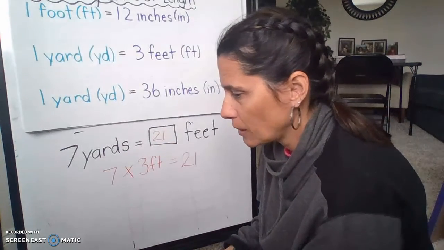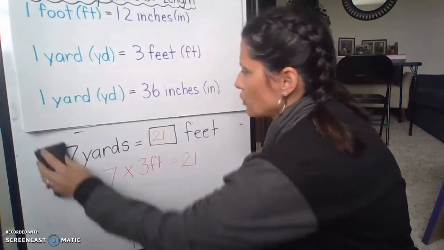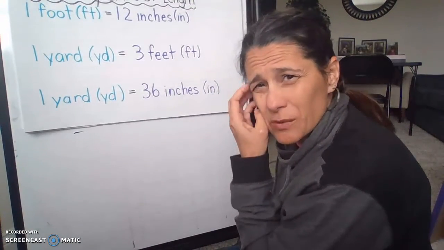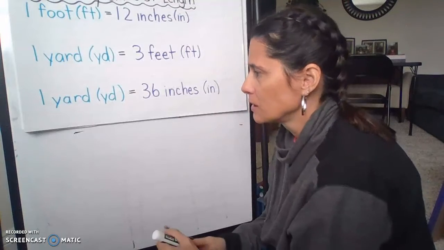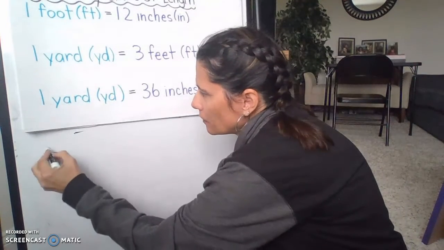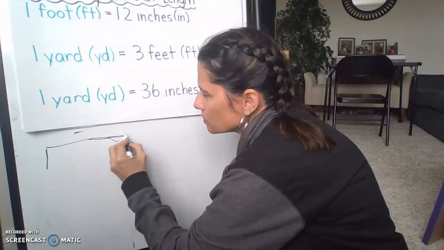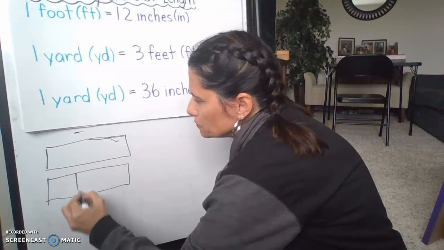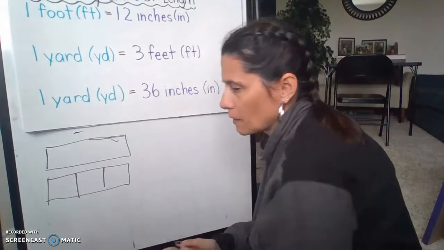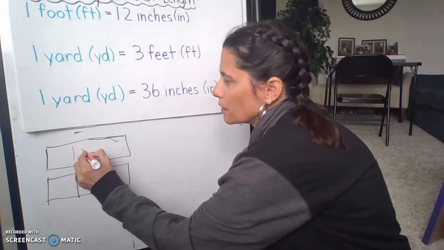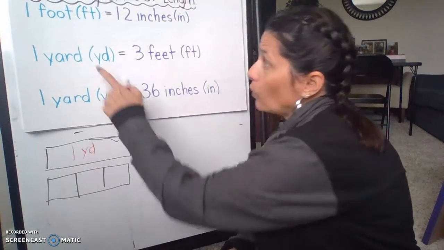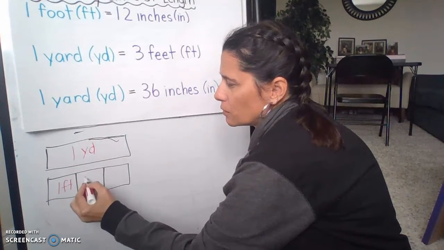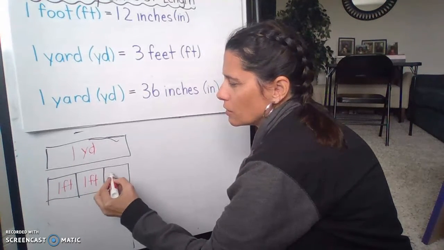Okay, I want to give you a picture of it, because sometimes for some of us the picture helps make sense. So for example, if I have, okay, this is 1 yard, and 1 yard is 3 feet. So that's 1 foot, 1 foot, and 1 foot.